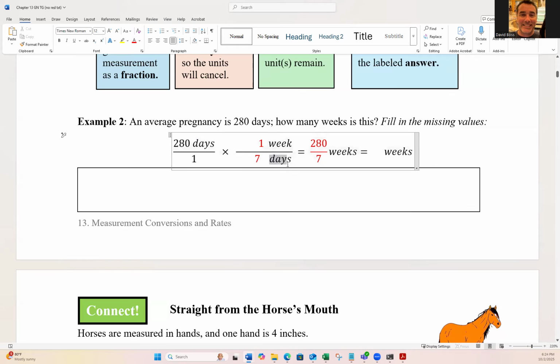These will cancel out. So now you just have 280 times 1 week divided by 1 times 7. So 280 divided by 7 equals 40 weeks.